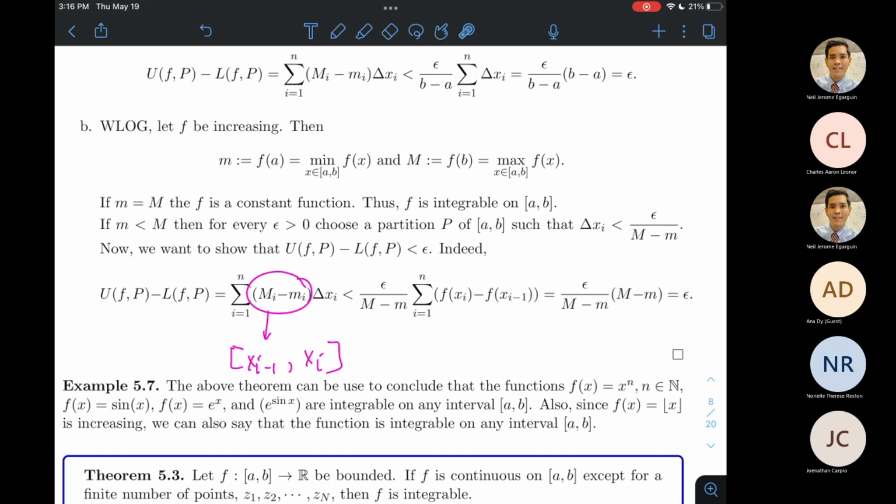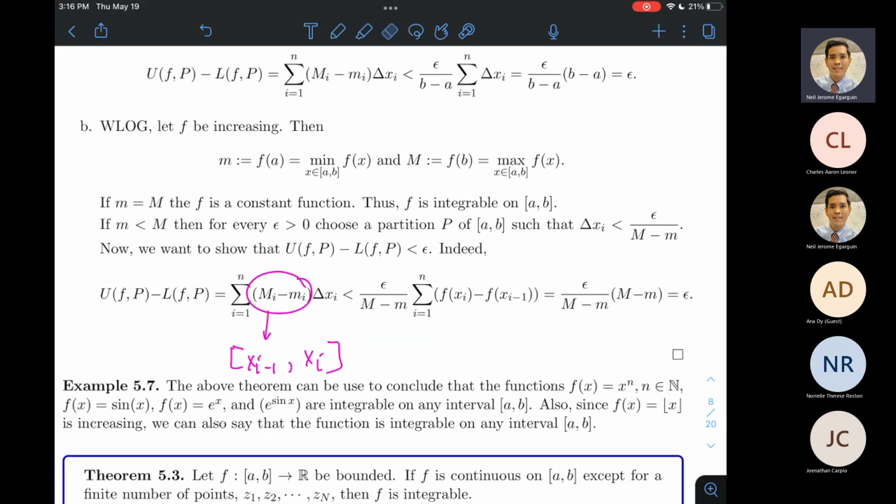Well, si f ay increasing, di ba? So therefore ang pinakamalaking function value ay nandito sa right endpoint. So capital Mi is equal to f of x sub i. Meanwhile, the smallest function value will occur at the smallest x value. So little mi is the function value at the left endpoint.